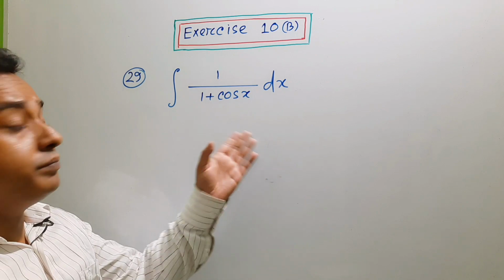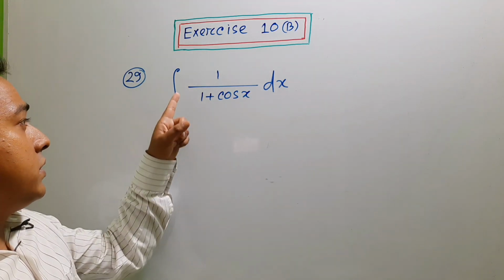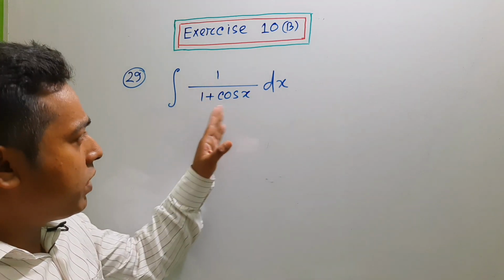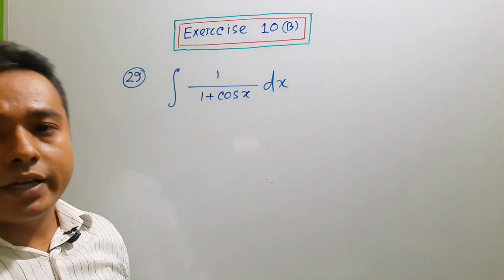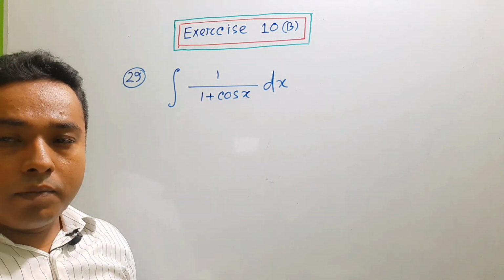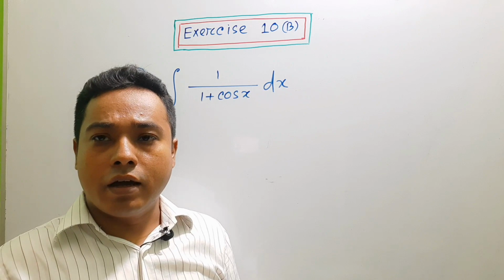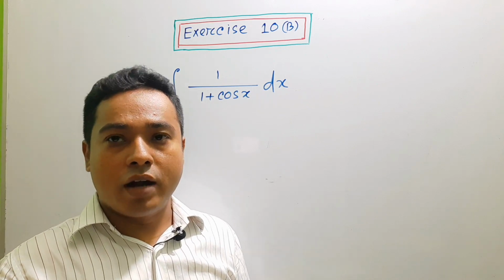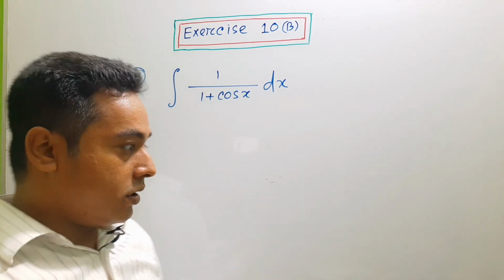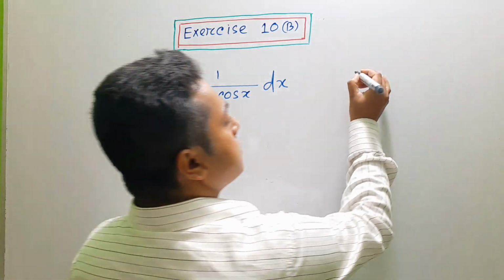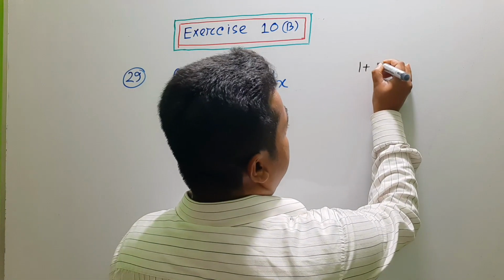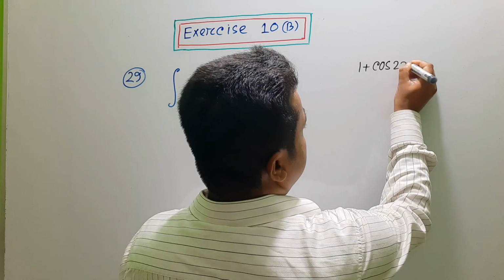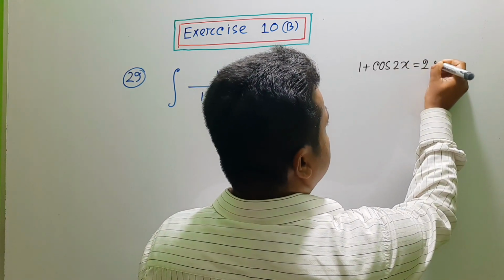Now question number 29, integration of 1 divided by 1 plus cos x into dx. Dear student, you have to know the trigonometric formula: 1 plus cos 2x is equal to 2 cos square x.